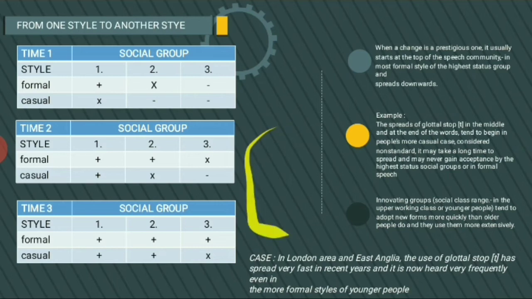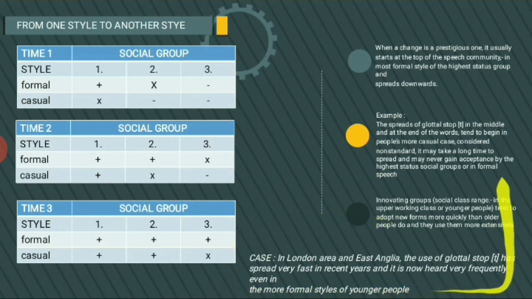And then the third conclusion here, from one style to another style, is that the innovating group, with social class range in the upper working class, or younger people, tend to adopt new forms more quickly than older people do, and they use them more extensively. The case is here. In the London area and East Anglia, the use of the glottal stop has spread very fast in recent years, and it is now heard very frequently even in the more formal style of younger people.